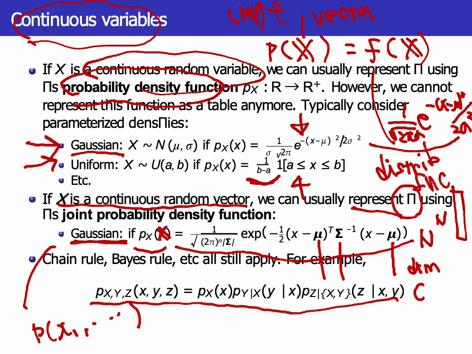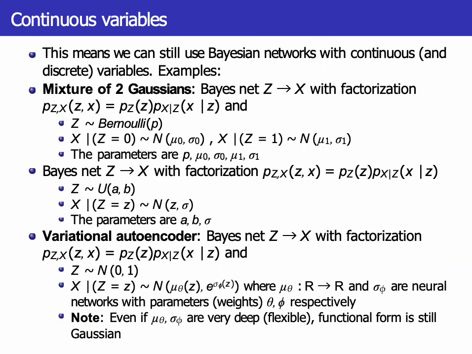And Bayes rule can still apply. So for continuous variable problems, you have Bayesian networks with continuous variables and probability distribution functions.